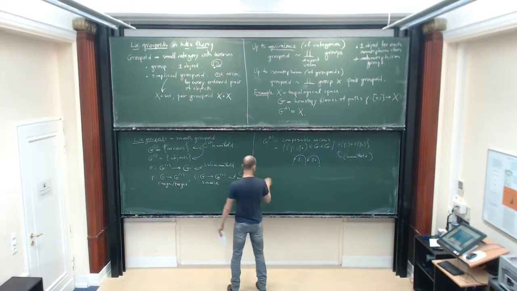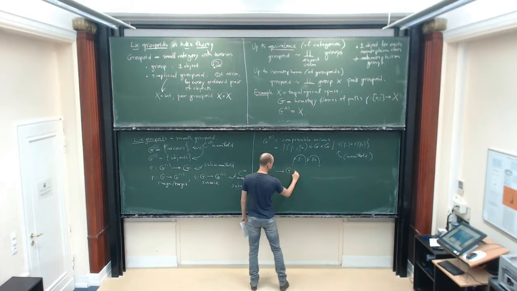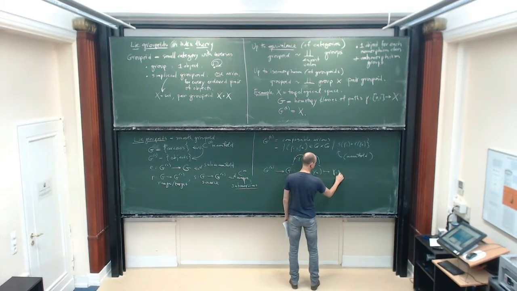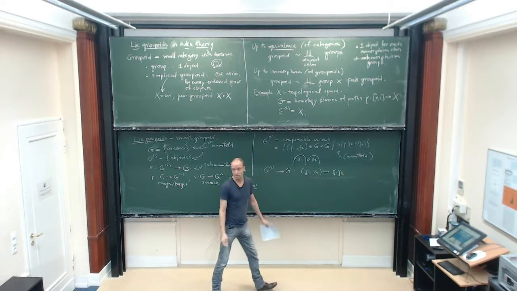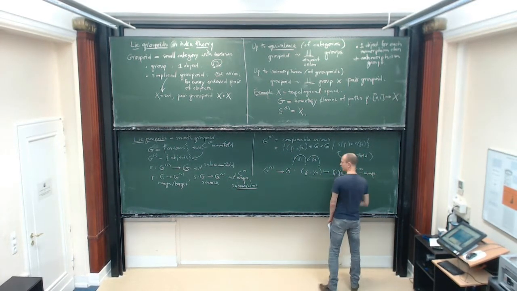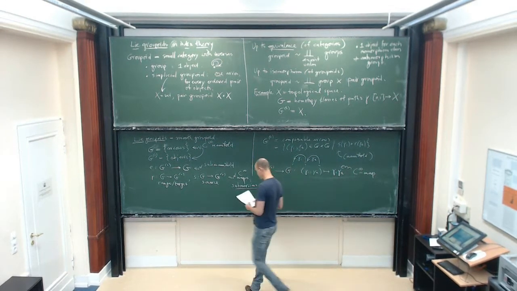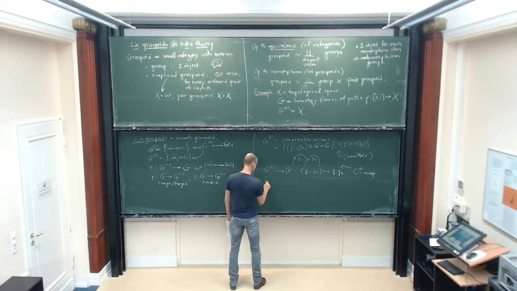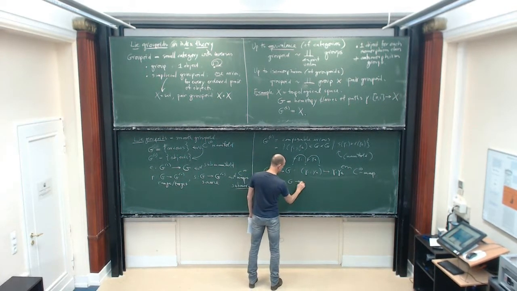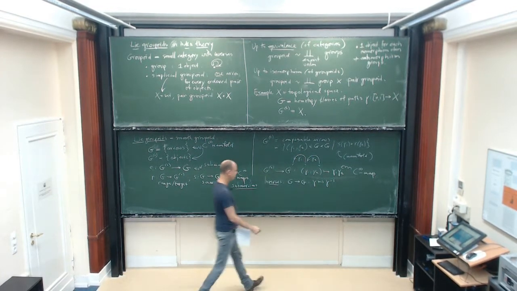And you want, of course, the multiplication map, or composition, to be a smooth map. So that's another smooth map. And then finally, we have inverses, gamma to gamma inverse.